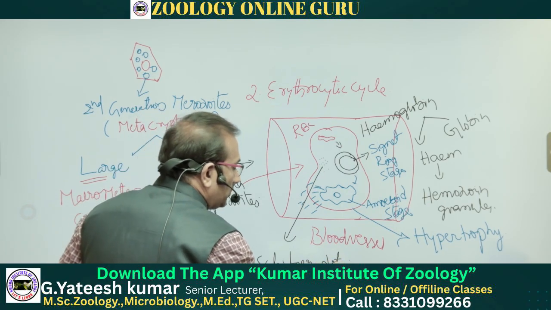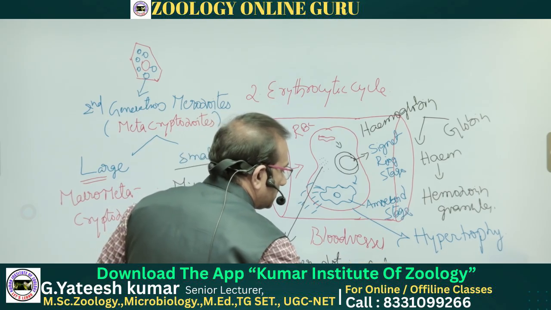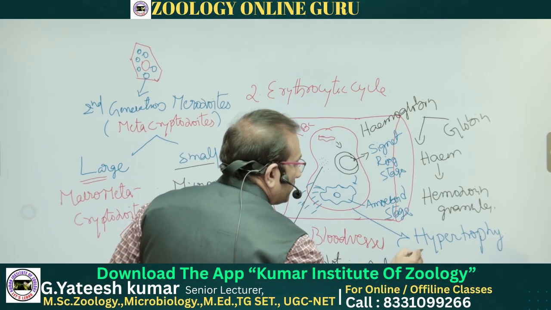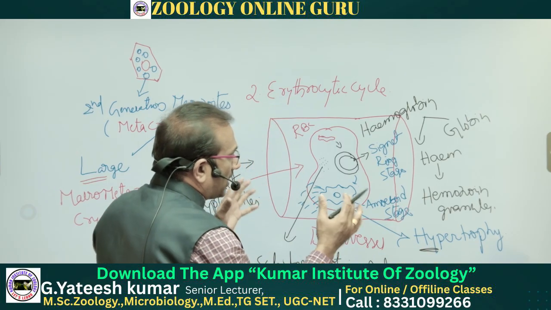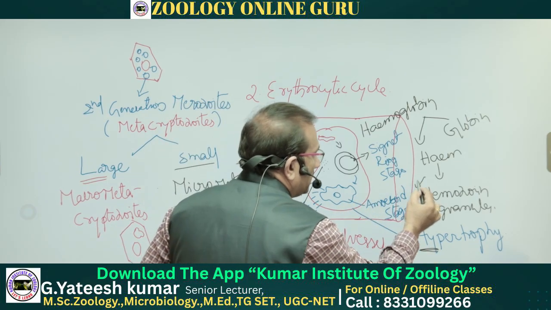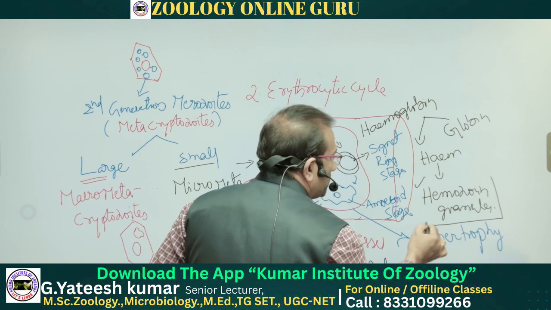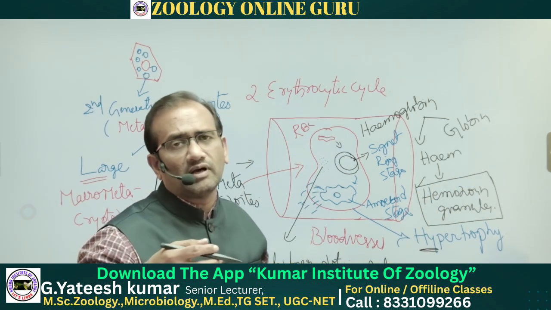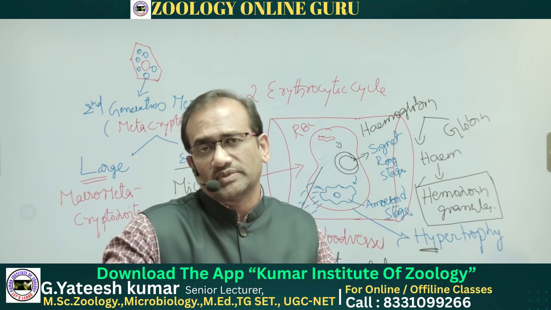These dots are believed to be antigens, malarial or Plasmodium antigens. Hypertrophy is the increase in the size of the RBC. Hemozoin is the chemical that produces the malarial symptoms.